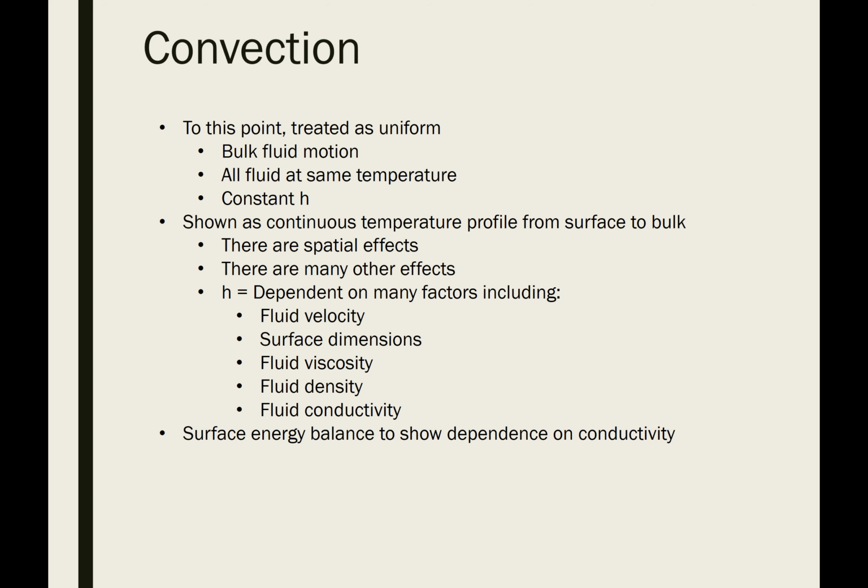But there really are spatial effects, and there are lots of other effects. h can depend on a whole variety of factors, including how dense or how fast the fluid is flowing, what the surface dimensions are, whether the surface is rough or smooth, and characteristics of the fluid itself, like the viscosity, density, conductivity, and there are still others. One that I neglected to include on here would be surface geometry.